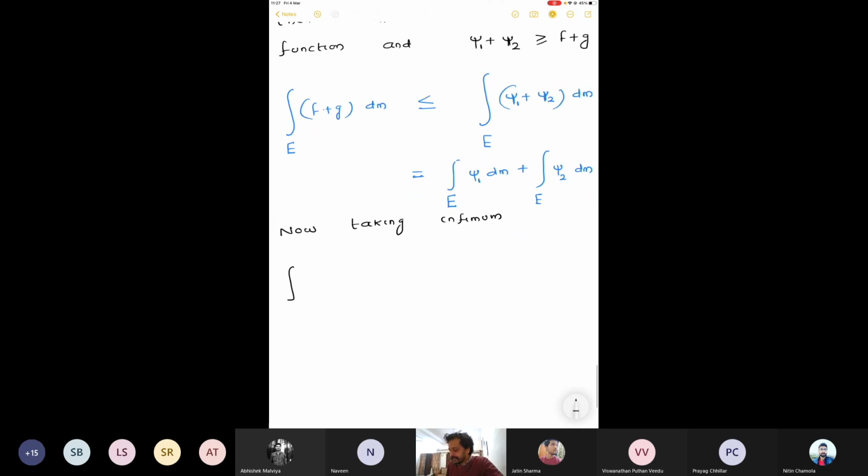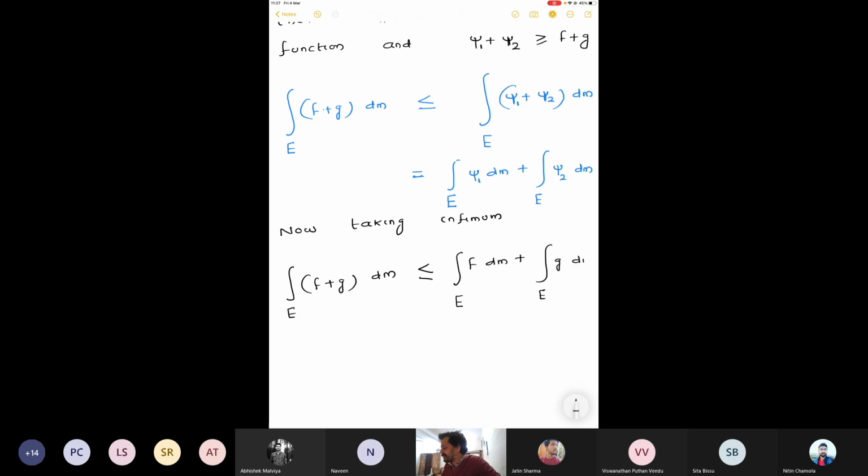the integral over E of F plus G dm, that's a constant, there is nothing to take the infimum of there, is less than or equal to the infimum over all psi1 and the infimum over all psi2. What will you get? The integration of F and the integration of G: integral of F dm plus integral over E of G dm.